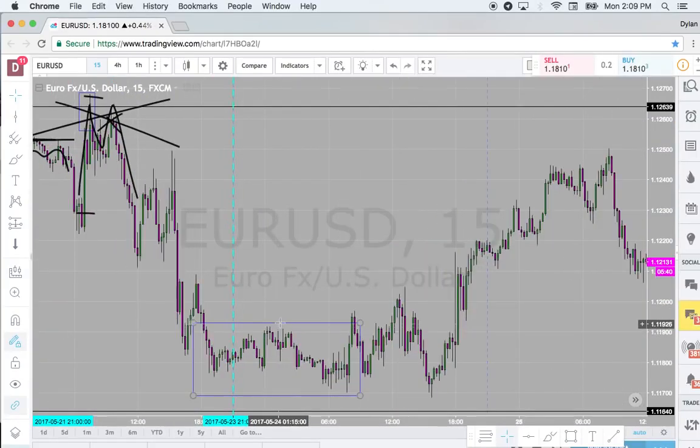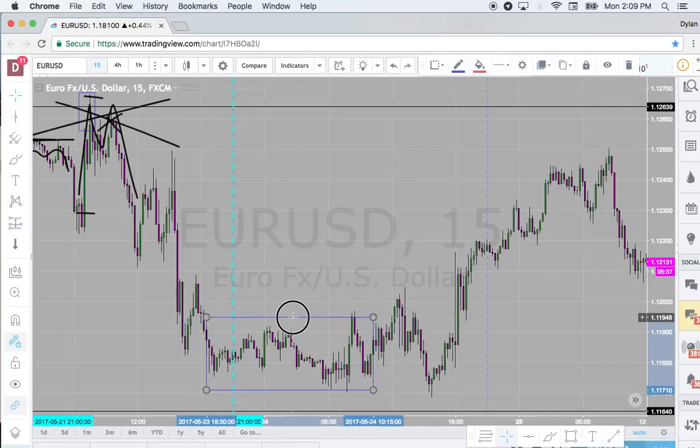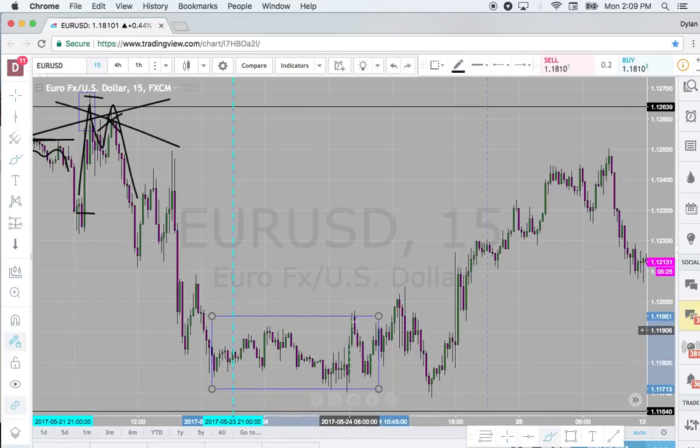Well, after that consolidation, what do we know happens next? Breakout to the low or the high London session. What do we see? Come breakout London session to the high, and then you could have considered this a second leg M formation and sold.